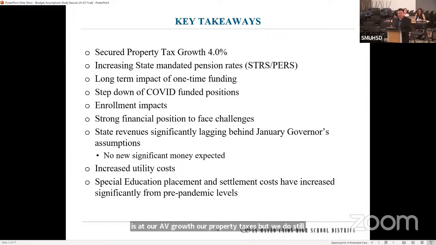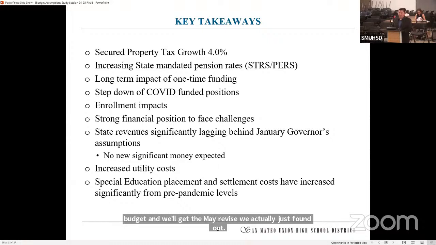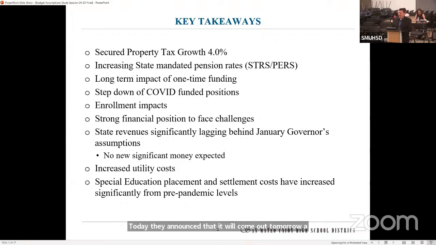But as you've probably read in articles in the last few months, the state is facing some pretty significant challenges. There was no new significant money expected in the budget, and we'll get the May revise. We actually just found out today they announced that it'll come out tomorrow, a few days early. So more information to come on that. But we very much do not expect any new significant money in that.